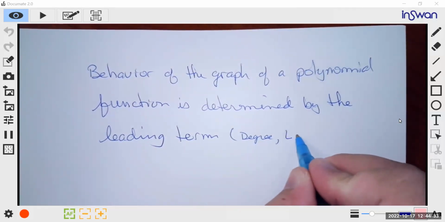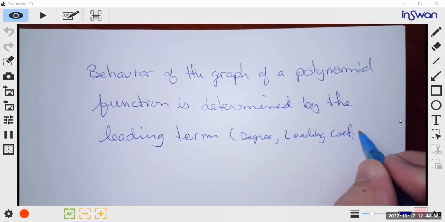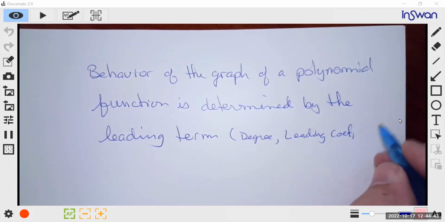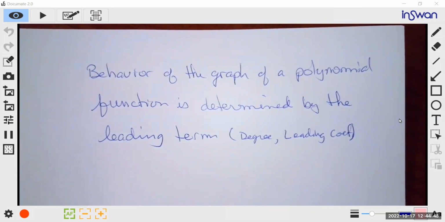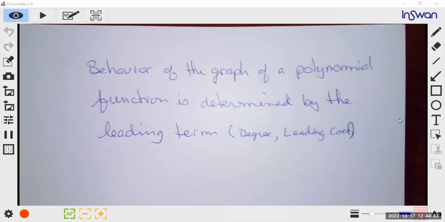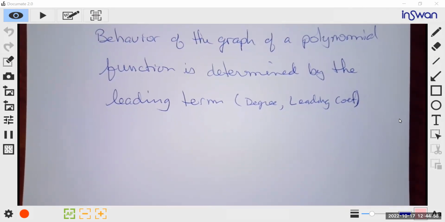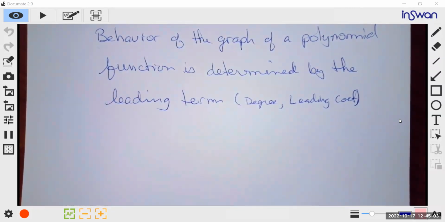The degree, leading coefficient, and leading term. Yeah, so the degree and leading coefficient tell us a lot. When we say behavior, that's how the graph bends and moves. It all depends on the leading term.